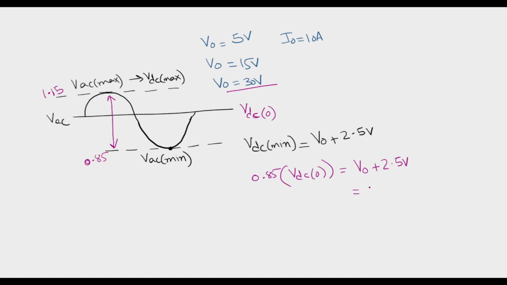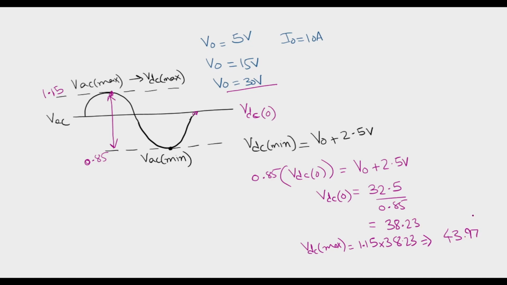So this means that here we have 32.5 divided by 0.85, that would give me VDC at the zero crossing. So this comes out as 38.23. And now when I want to find the VDC max, VDC max would be 1.15 times 38.23, and this comes out as 43.97.